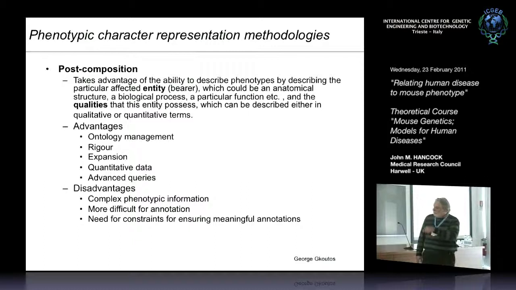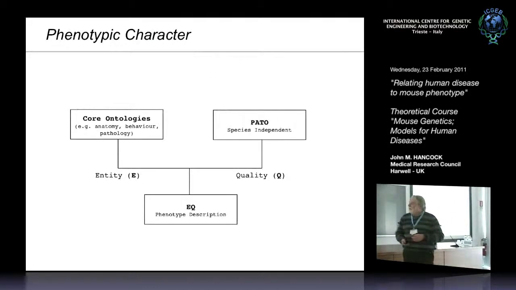And I should say that George Gkoutos, who works with Paul in Cambridge, was instrumental in developing this approach to phenotype description. So what we have worked on for some time is basically combining these core ontologies like anatomy or behavior, if we had a behavior ontology, or pathology, with an ontology called PATO.